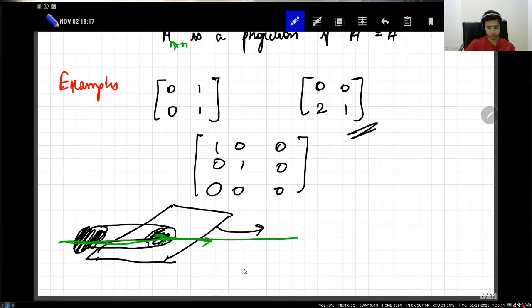Because any point along this line, since the light is passing along this direction and through the origin, gets mapped by the projection matrix to the zero vector. Right? Okay.